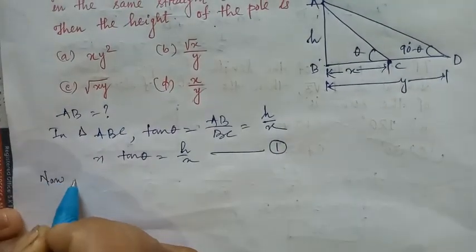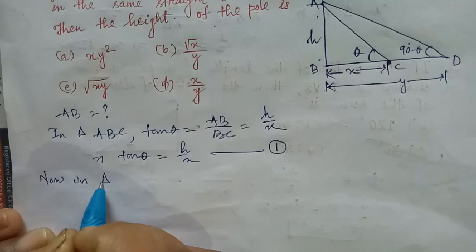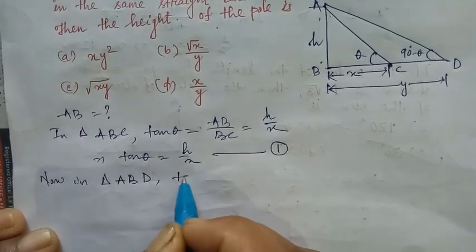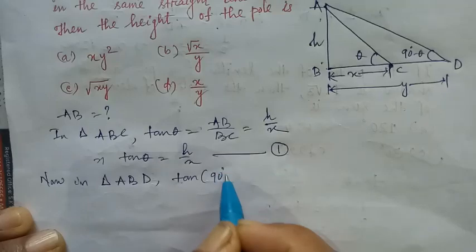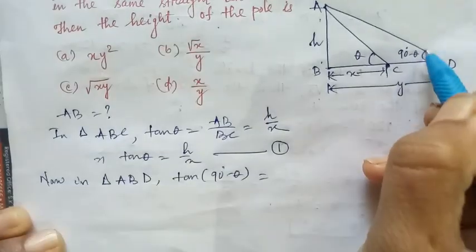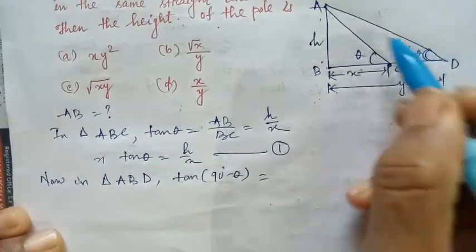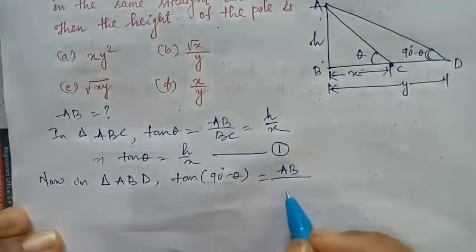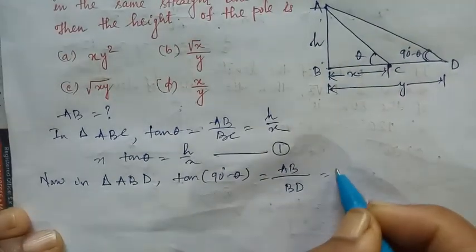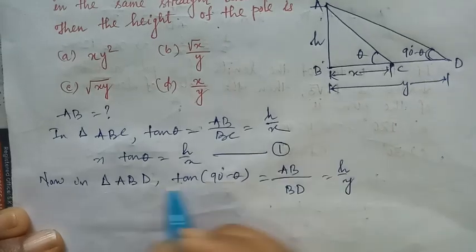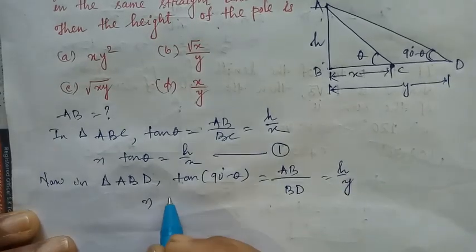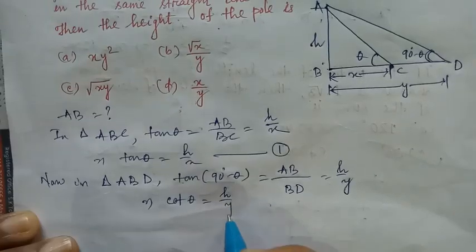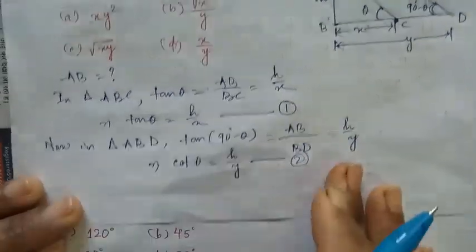Now in triangle ABD, tan of 90 minus theta, that means opposite side AB, H upon BD, is equal to H upon Y. Now tan of 90 minus theta is cot of theta, equal to H upon Y. Let it be equation 2.